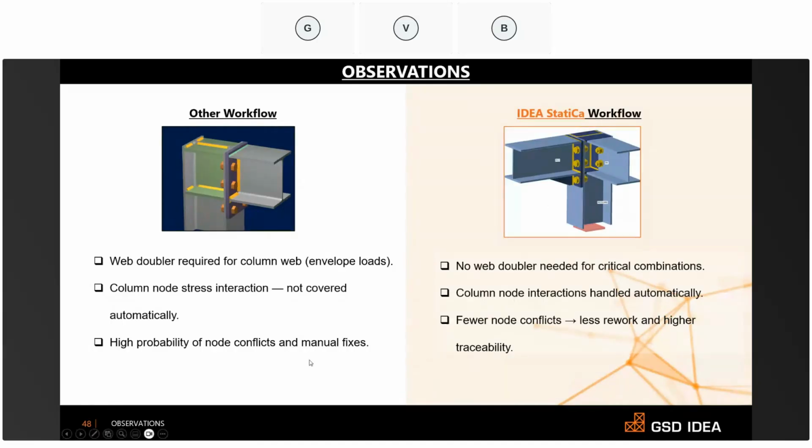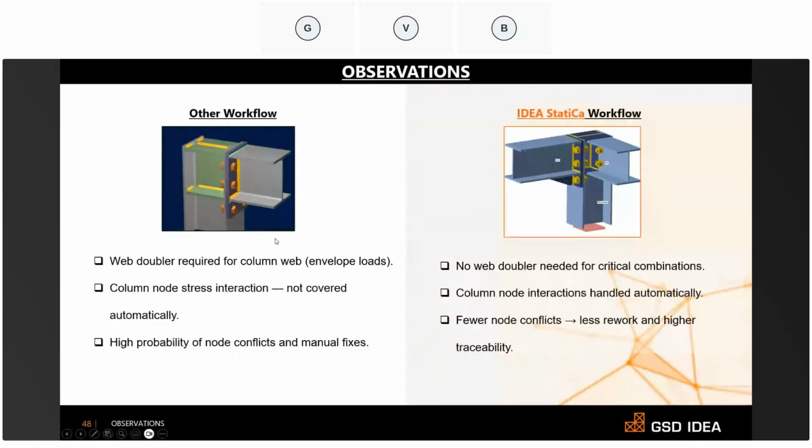And also, coming to the detailing perspective and project perspective, there is a high probability of node conflicts later on, because you will be doing isolated designs, like beam to column flange separately and beam to column web separately. So when you combine them together in your 3D model or later on, you might have little space for bolt tightening.